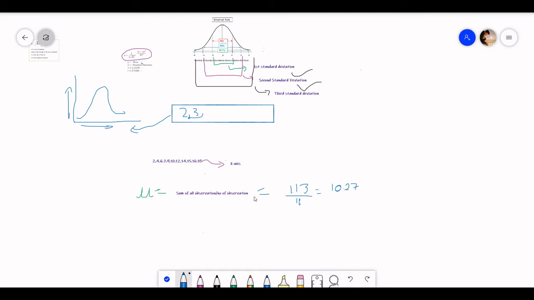Now we have our population mean. Now according to the formula, we have to find the standard deviation also.